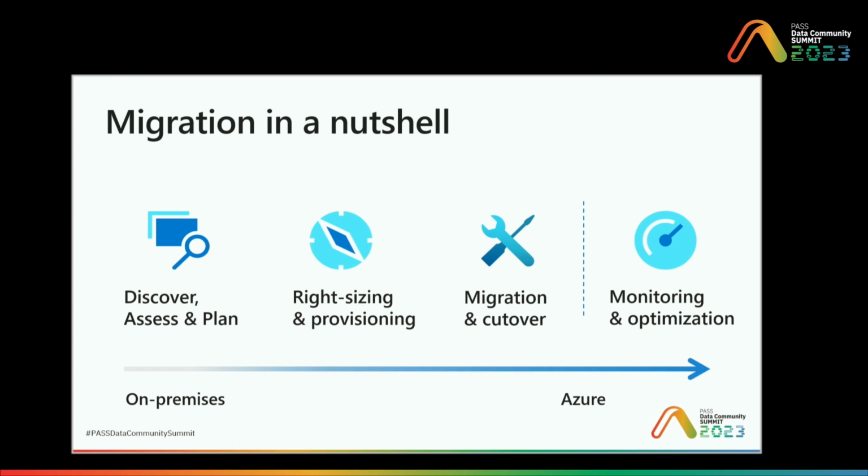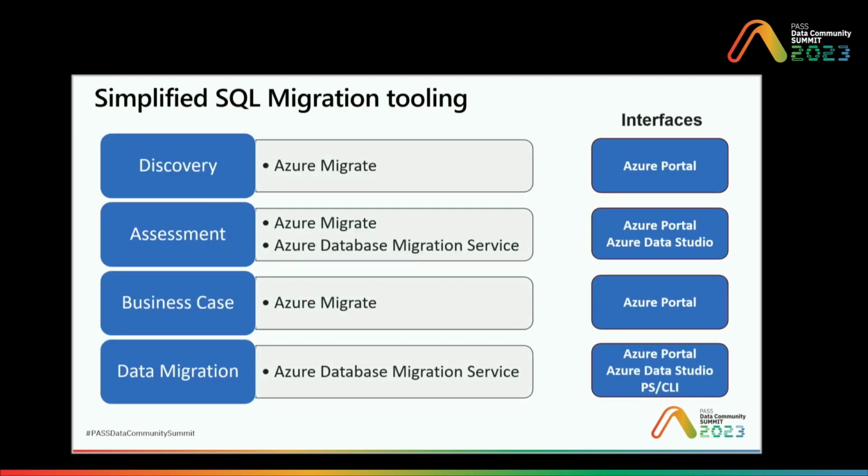So it's a continuous process. Now, I've talked about 4 or 5 different steps. Over the years, we have developed tools that are purpose-built and address the needs of each of these phases. And we ended up having a lot of tools in this ecosystem. This has put a burden on users. They're not very sure about which tool they should go to, which tool should be used for which phase of migration.